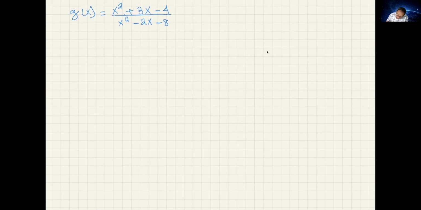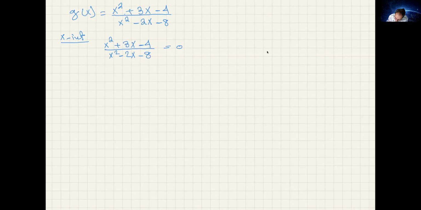Okay, the first step is to compute the x-intercept. For the x-intercept, we set the function to 0 and solve for x. So I have x squared plus 3x minus 4 over x squared minus 2x minus 8 equals 0.